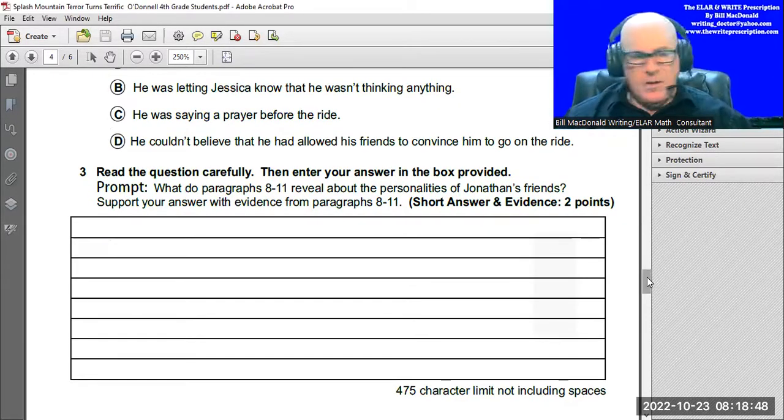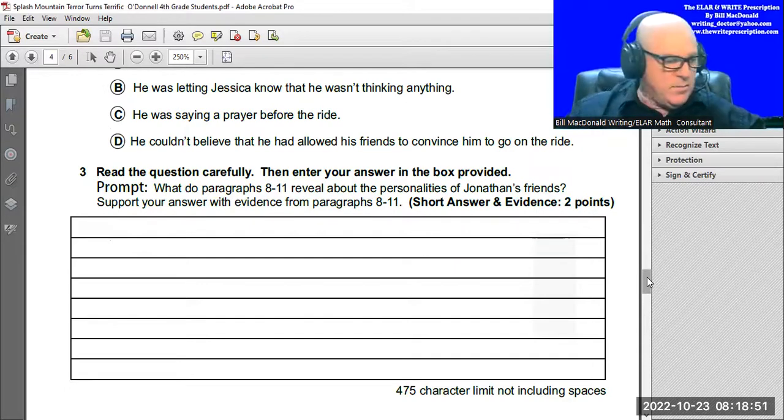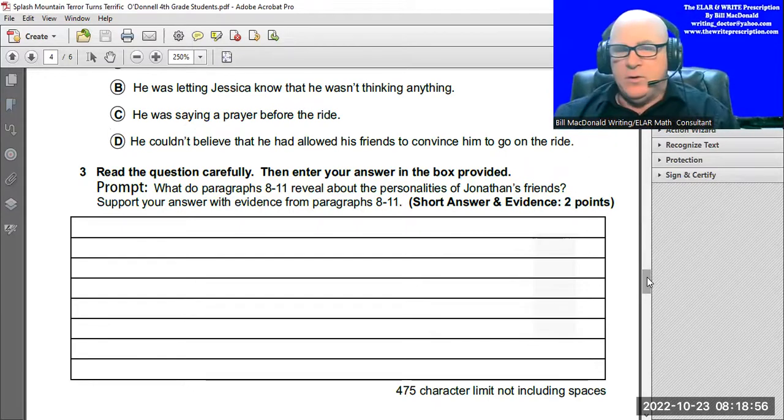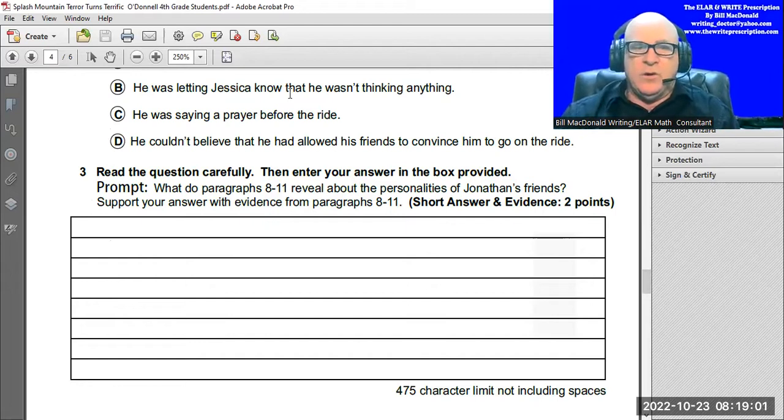Since I've already written my evidence in my notes, I'm going to be able to use that. If you notice what I did here, I got a little bit more specific when I asked the question in an open-ended format. There's the word prompt, because it's always going to be open-ended. What do paragraphs, the what is my who, what, when, where, why, which, or how, paragraphs 8 through 11, that's my where, reveal about their personalities.